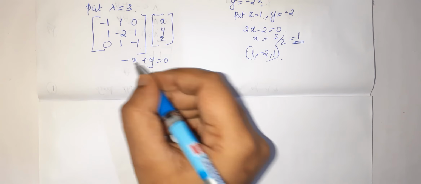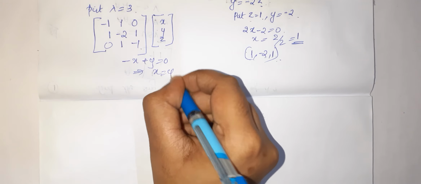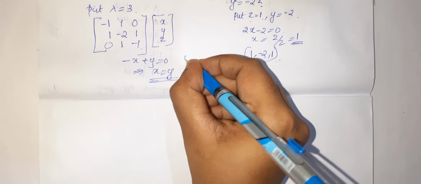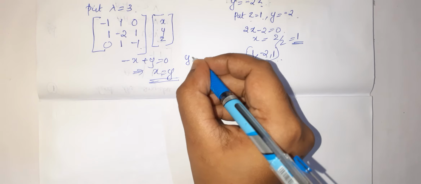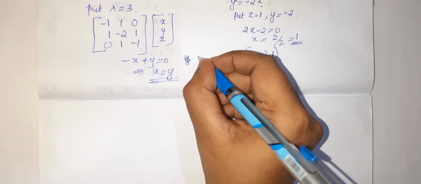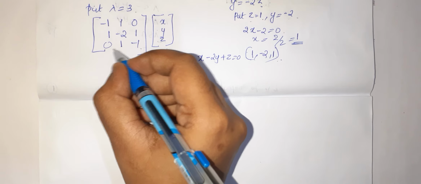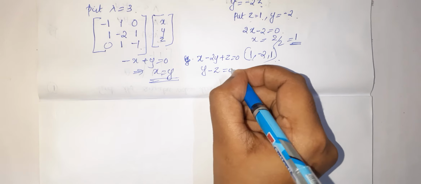We get minus x plus y equal to 0, which is equivalent to x equal to y. Our next equation will be x minus 2y plus z equal to 0, and our last equation will be y minus z equal to 0.